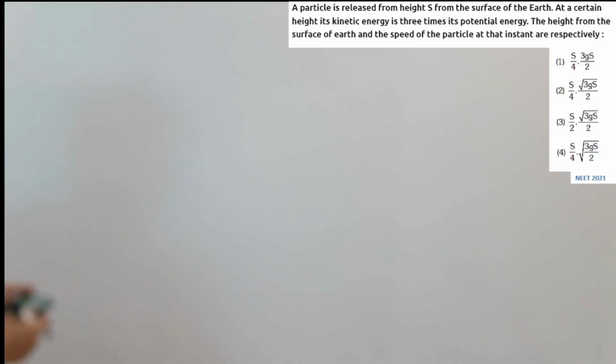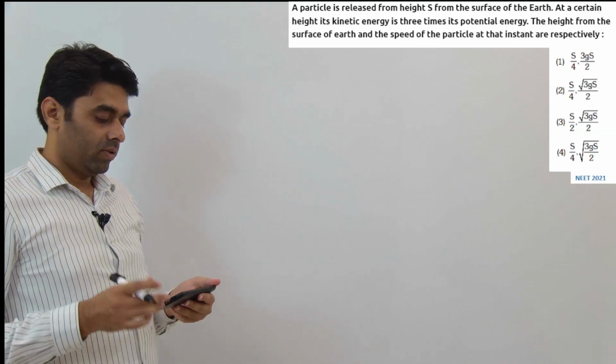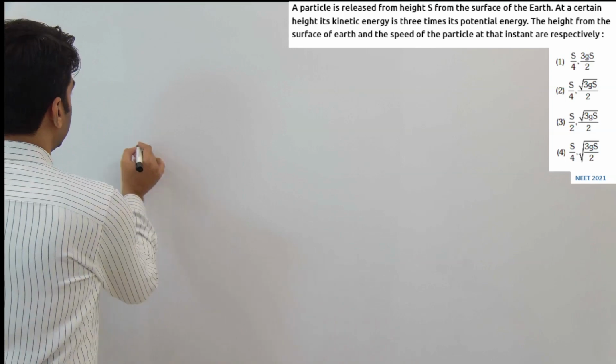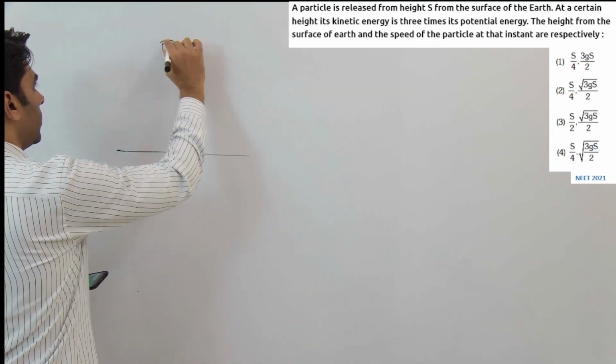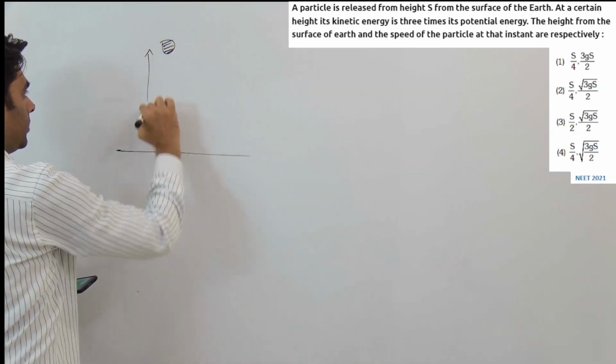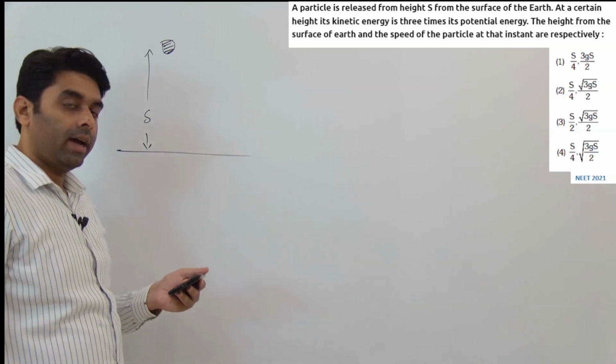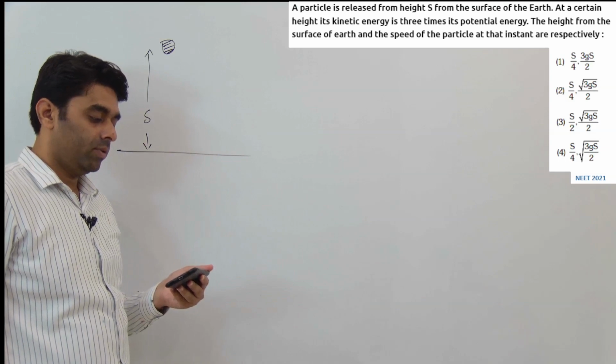So the question given to us is: a particle is released from height s from the surface of earth. At a certain height, its kinetic energy is 3 times its potential energy.